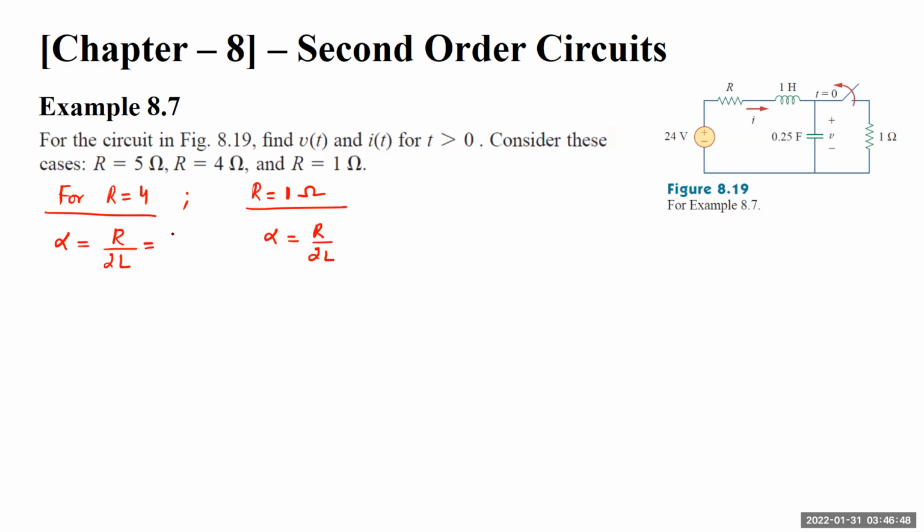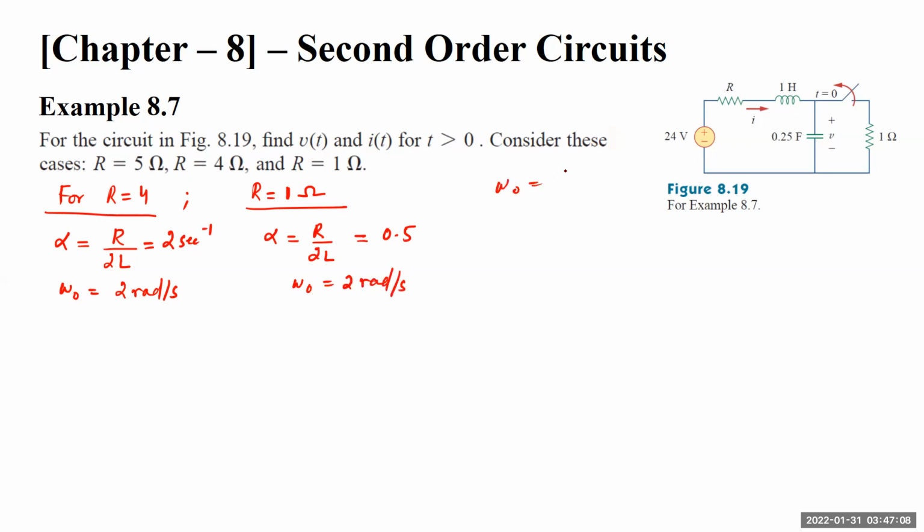So alpha will be 4 divided by 2, alpha will be equal to 2, and alpha in the other case will be 0.5. Our omega naught will remain the same. It will be 2 radians per second.